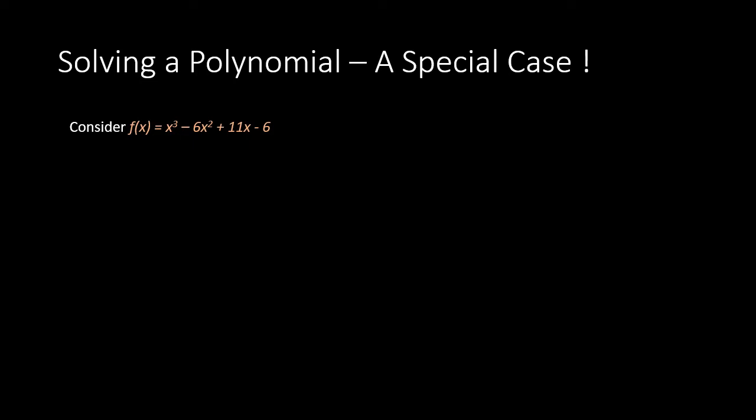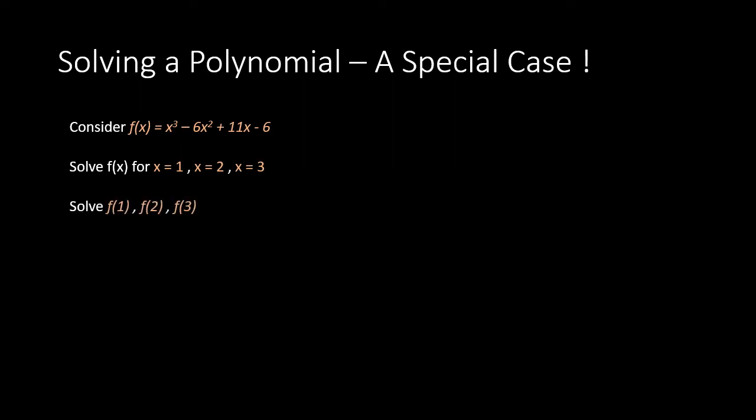Now I want to solve this polynomial at x equals 1, x equals 2 and x equals 3. In the previous lecture we only took one value of x and solved the polynomial, right? Here we have three values. So you will solve this polynomial three times, first with x equals 1, then x equals 2 and then x equals 3 independently.